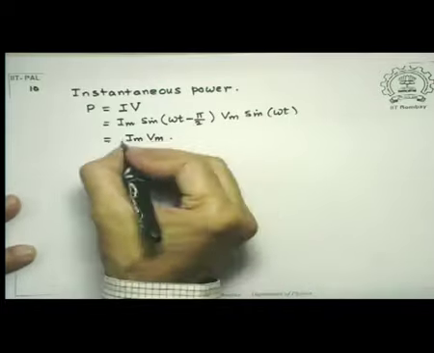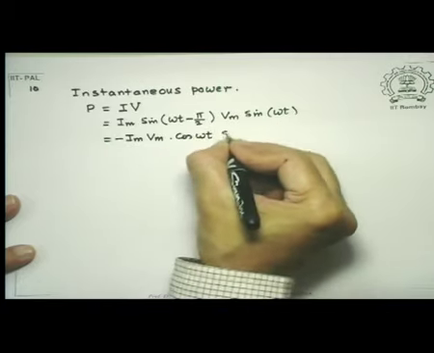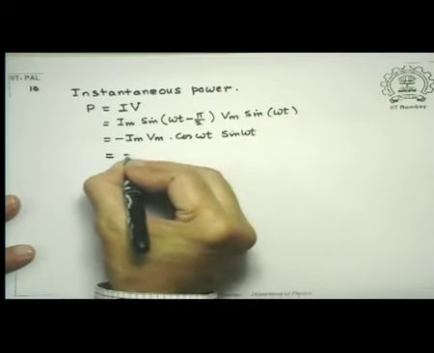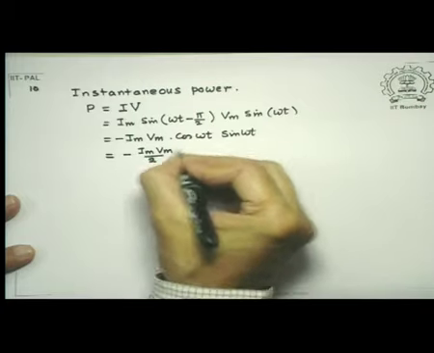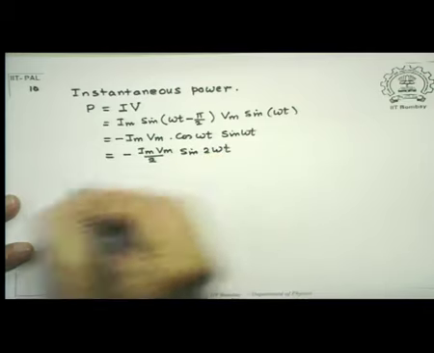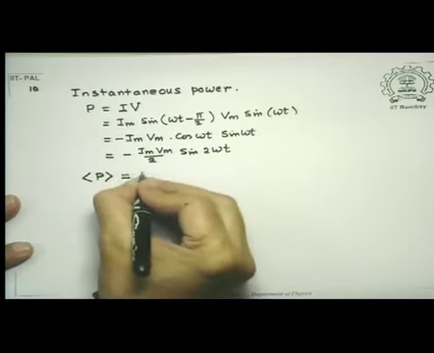We had seen that this is minus cos omega t, and this is of course sin omega t, which is nothing but minus Im Vm by 2 sin 2 omega t, which tells me that the power over a cycle is 0.